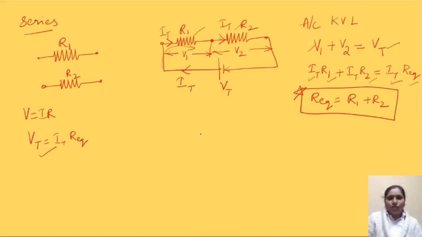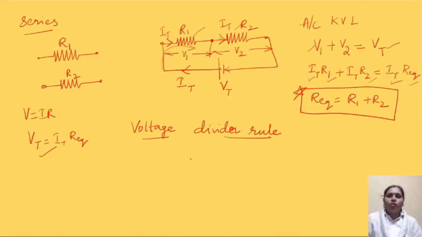And here one more thing we need to know is the voltage divider rule. What does this voltage divider rule say? For a series circuit, as you observe, the total voltage is being divided into parts. Like there are two resistors, so it is divided into two parts. If there are three resistors, then it will be divided into three parts.